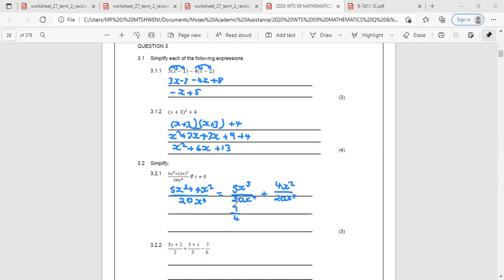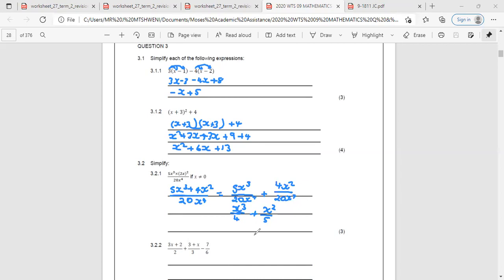Then plus 4 over 20, which is 1 over 5, times x to the power of 2.